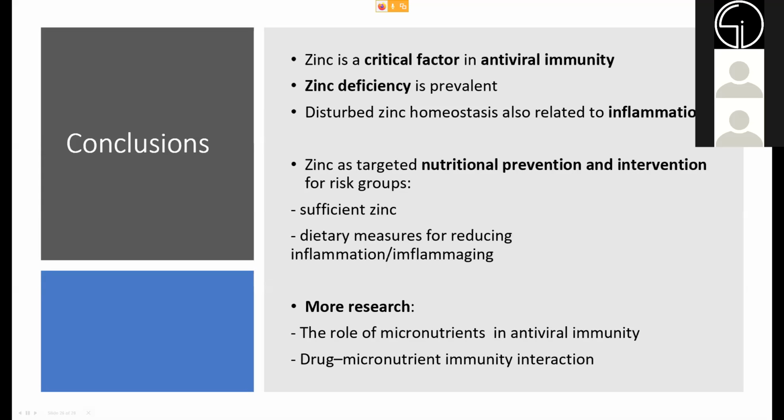Disturbed zinc homeostasis contributes also to inflammation. But inflammation also makes less zinc available for critical immune functions, as we have seen for the immune functions of the innate immune system.